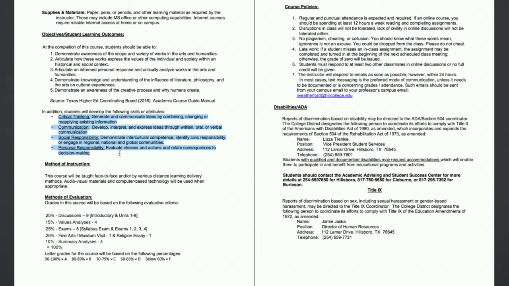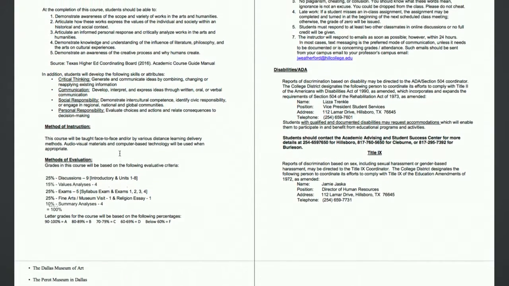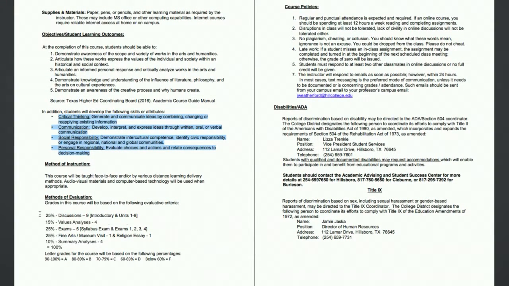You should be showing social responsibility, and you should be showing some personal responsibility through the assignments. So you'll see how I've aligned them in the class to give you some direction and understanding about why the assignments you're doing, what they're intended to accomplish for these core attributes, so to speak.